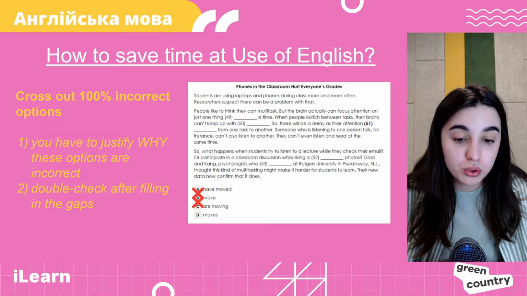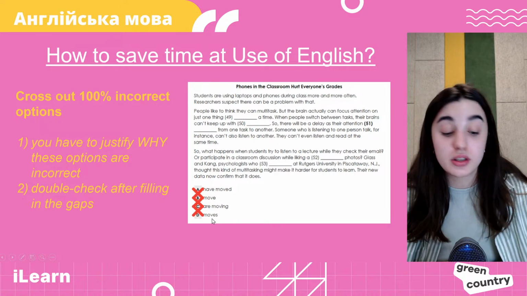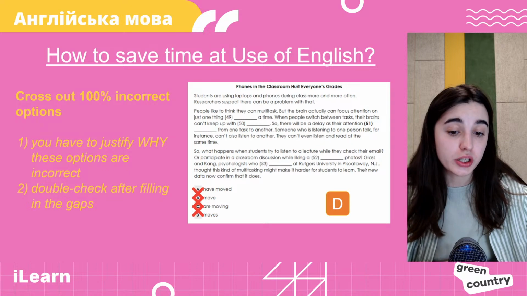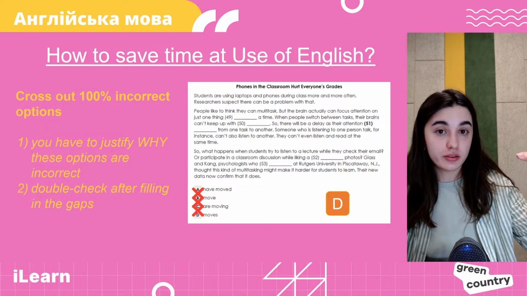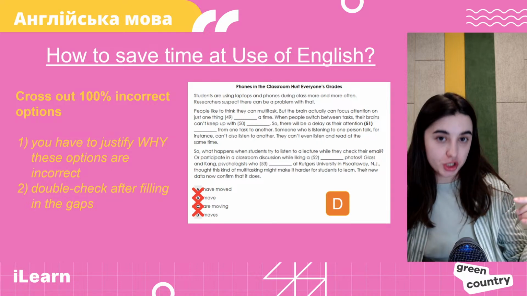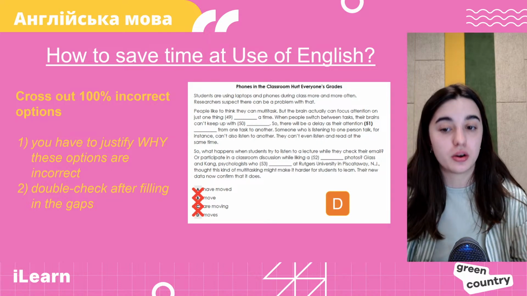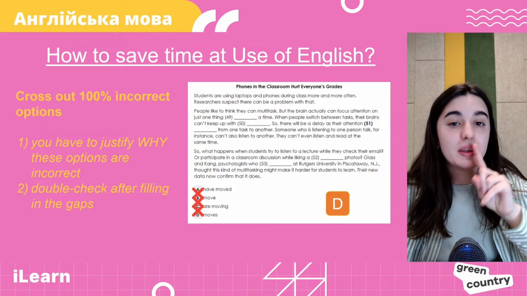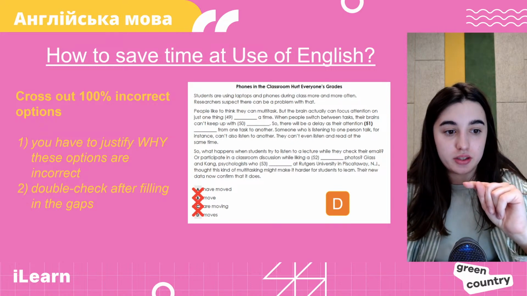So it is for plural, it's not correct, so the D option is the correct one. So here you can see how I, step by step, analyzed every option and crossed it out. And in such a way, I used only 1 minute to understand this task.